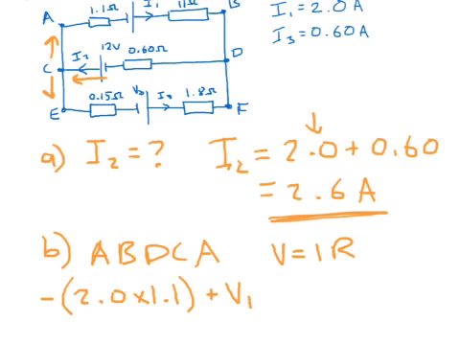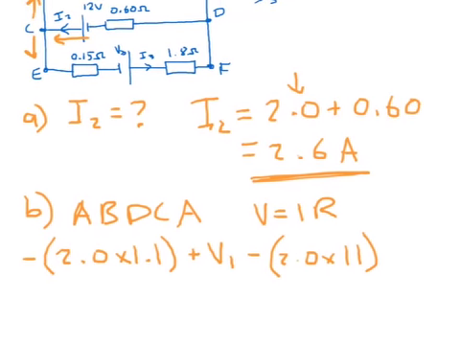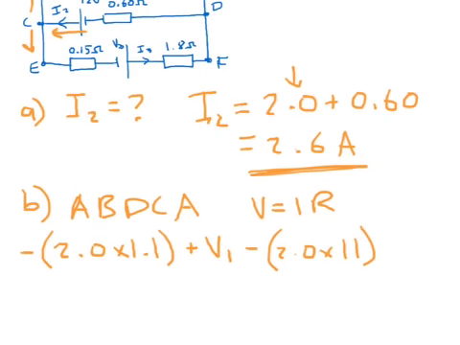And then we're minusing, because we're still going with the direction of the current, and we're going from the more positive to the more negative, so it's going to be minus 2.0 times 11 ohms. Then B to D there's nothing, and then in D to C we're going with the current again, so we should have another minus. I'm going to carry on with the equation underneath because otherwise it's going to get a bit hard to see what's going on.